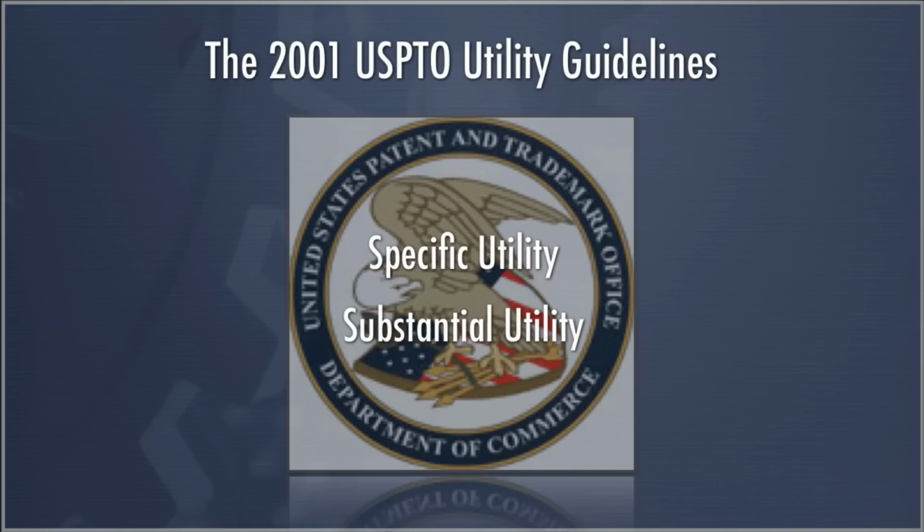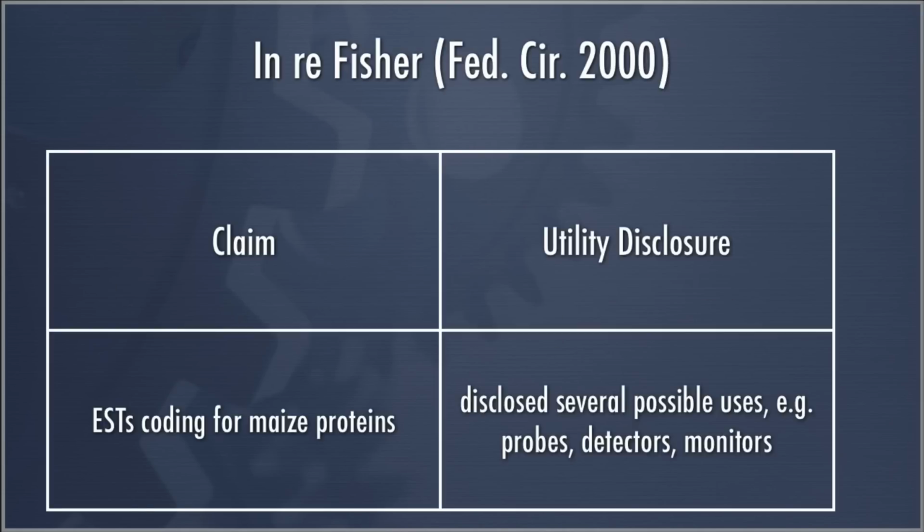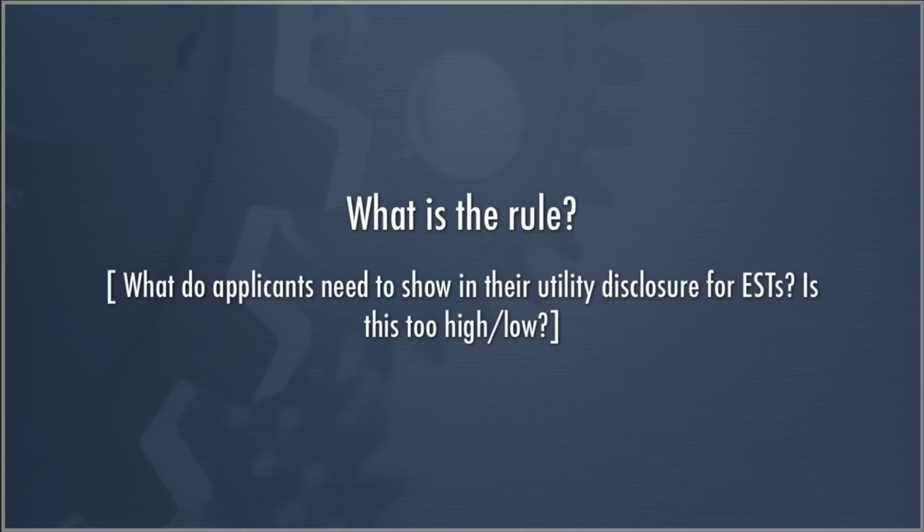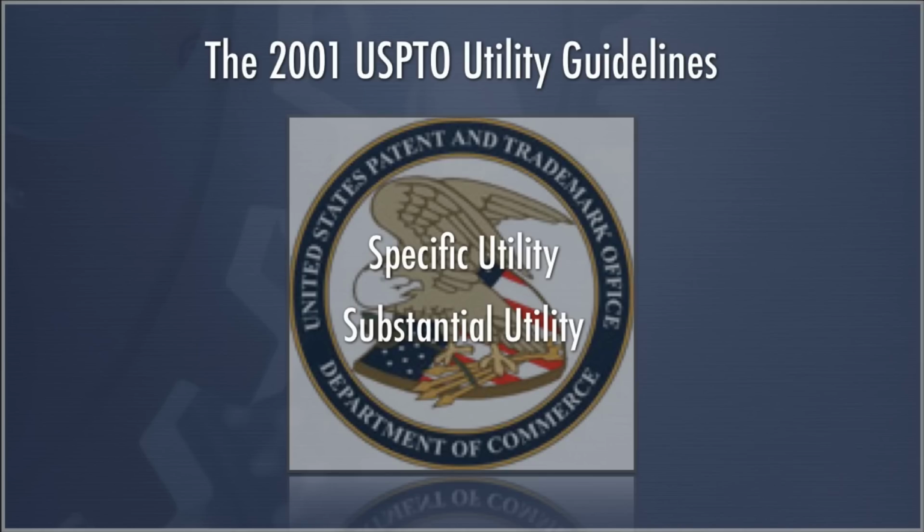And where they really, I think, fell short here is that they were not offering in their utility disclosure a specific enough use. They were offering generalized uses for ESTs generally, but not for these particular ESTs themselves. And therefore, that did not meet the requirement, and it failed the utility requirement.